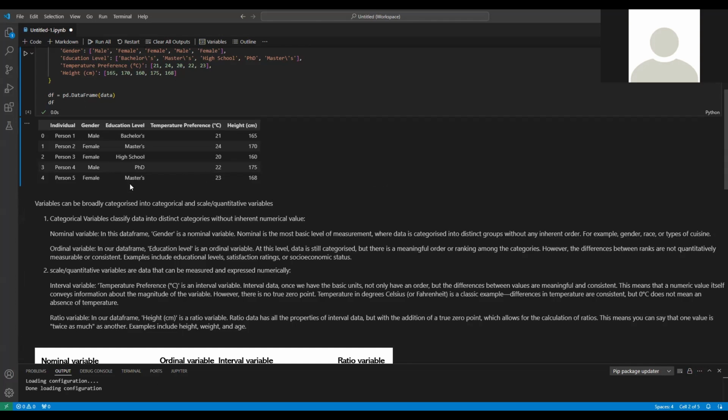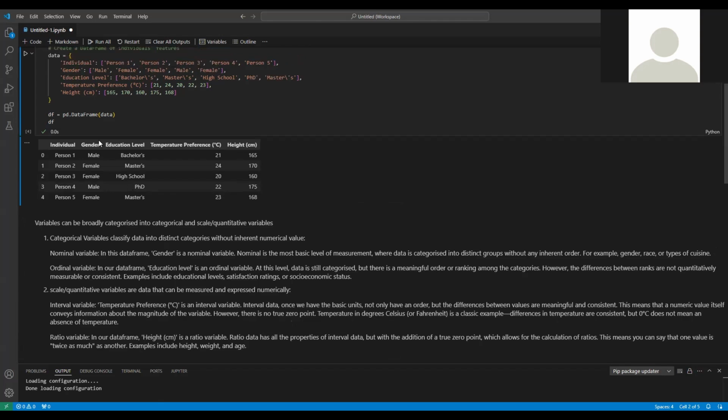Okay, let's go back to categorical variables. If the variable is like gender, it has many categories, male and female for example, but among those categories there's no ranking. You can't say one category is above the others, or bigger or larger than the others.